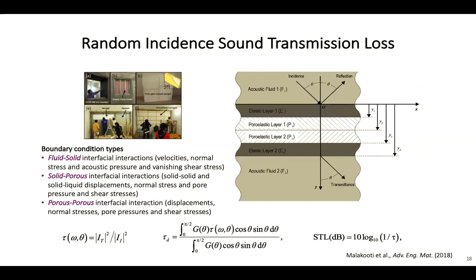The same approach can be adopted for random incidence sound transmission loss. However, in the random case, we have two more layers. For the gypsum, we consider them as elastic. Because this is a random case, we need to consider the contribution of different angles. Experimentally, it has been shown that you can consider a Gaussian distribution across angles, which is closer to the experimental results.